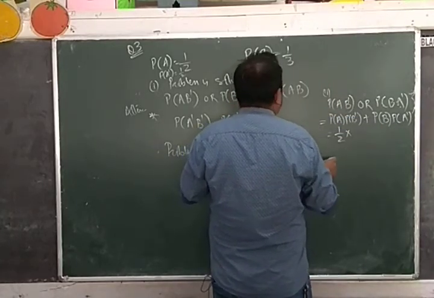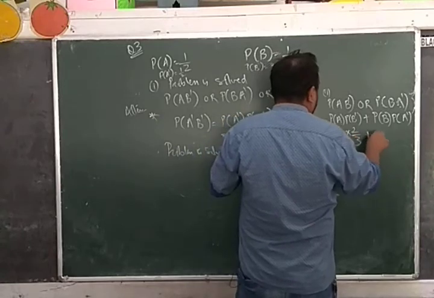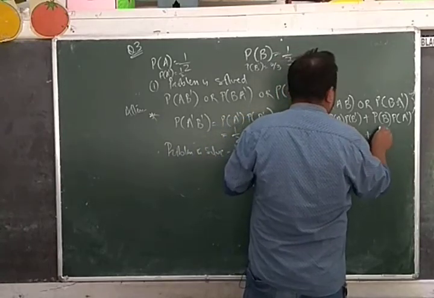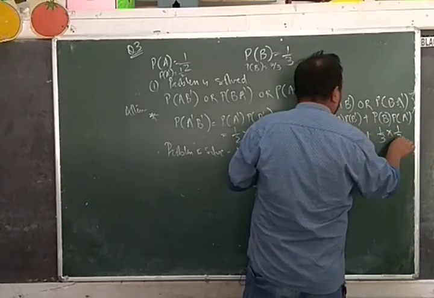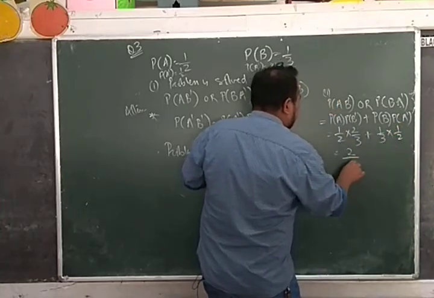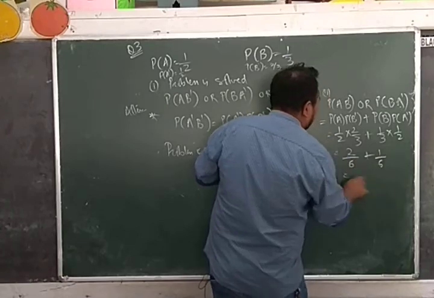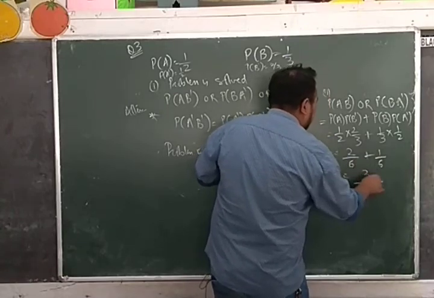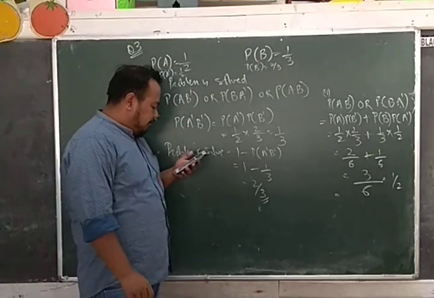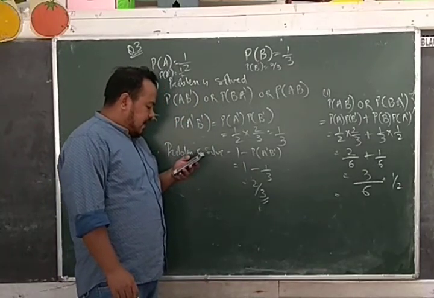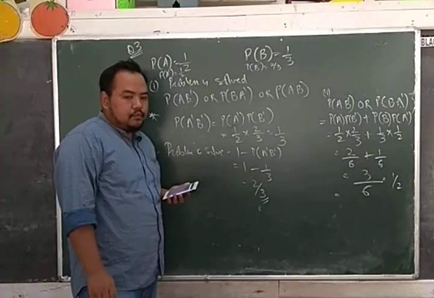Probability of B dash is 2 by 3, plus probability of B is 1 by 3 into probability of A dash is 1 by 2. So what do you get? 2 by 6 plus 1 by 6, LCM is 6. So 2 plus 1 is 3, that is 1 by 2. So this is the probability that exactly one will solve the problem.